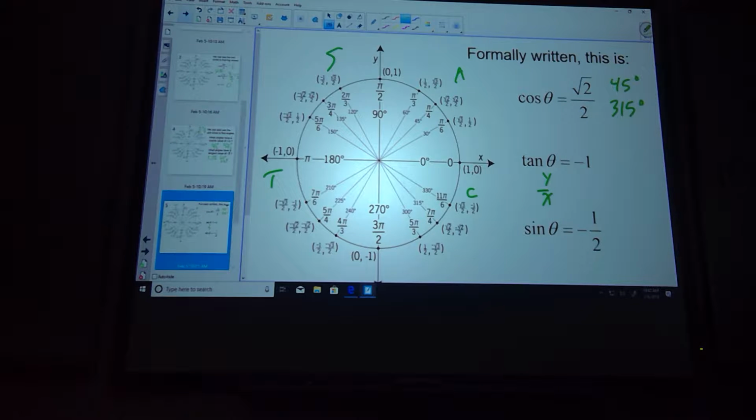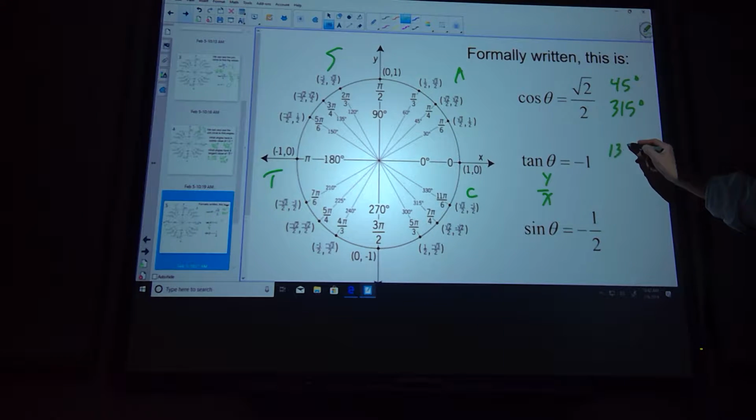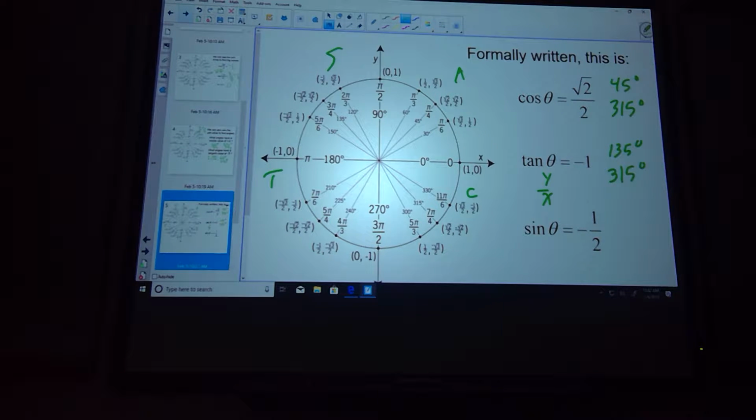So what values would be the exact same fraction? 45. So 135 and 315. Some of you are saying, wait, where did that come from? Remember, I'm going y over x. If I have the exact same y value over the exact same x value, it doesn't matter if one's negative or one's positive, I'm looking to where I can make my answer -1.